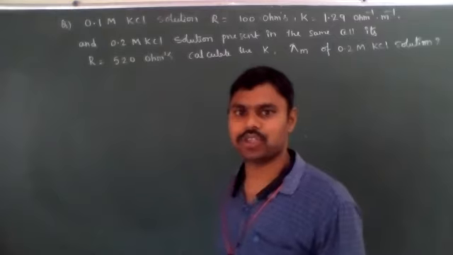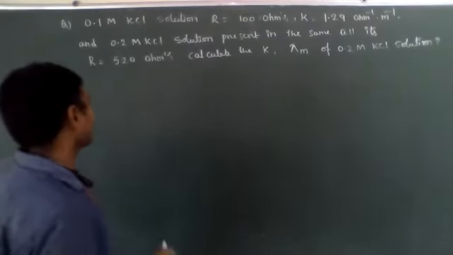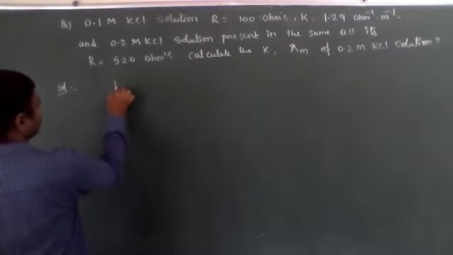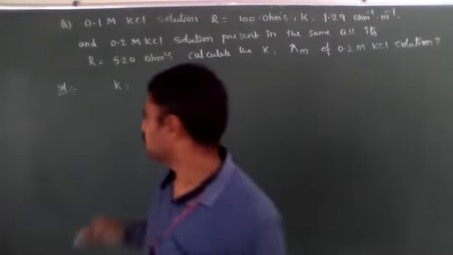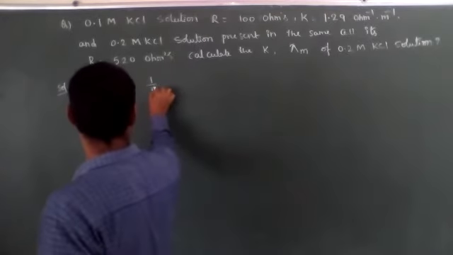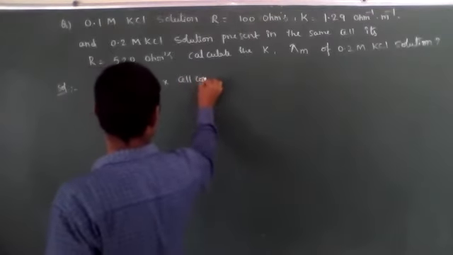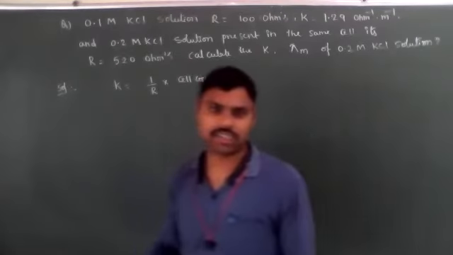So in that case, we want to calculate K. What is the formula for K? K is equal to 1 by R into cell constant. But we don't know the cell constant.